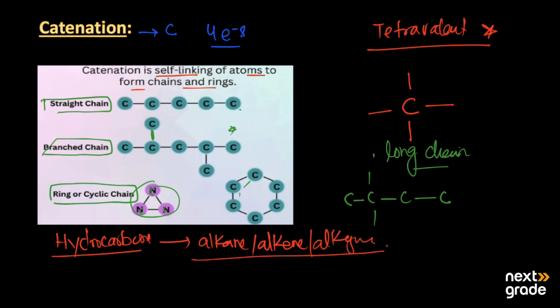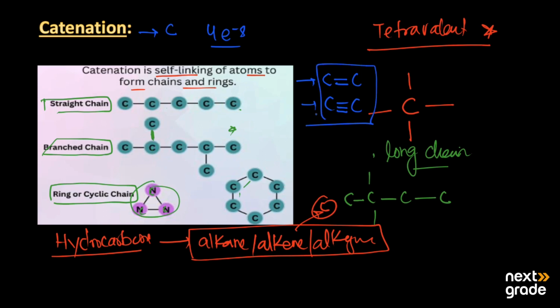These three classes of hydrocarbons contain carbon, and carbon makes rings, straight chains and branched chains of different atoms. Carbon atoms can also make double bonds and triple bonds with themselves and with other elements. So this is the most important property of carbon.